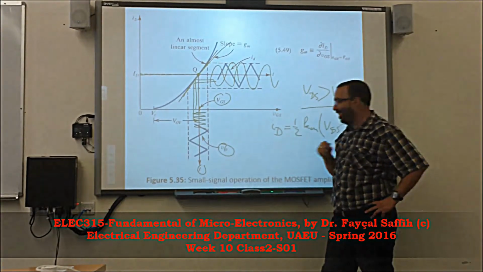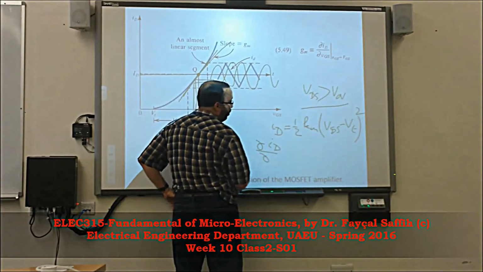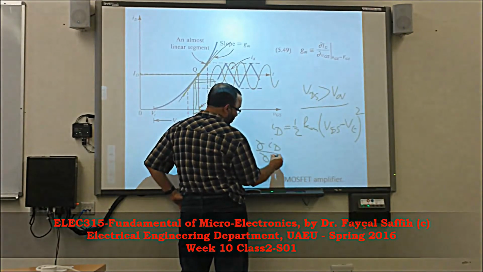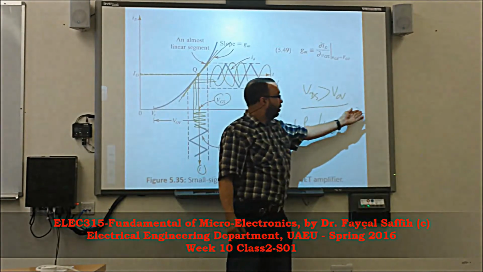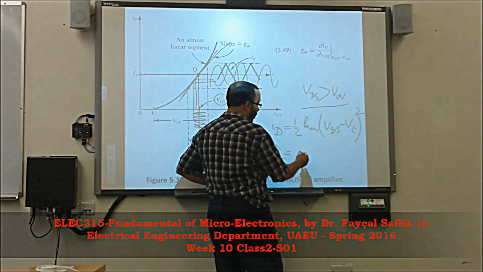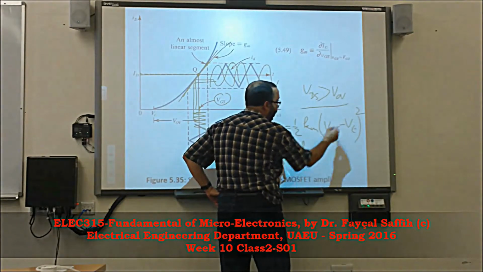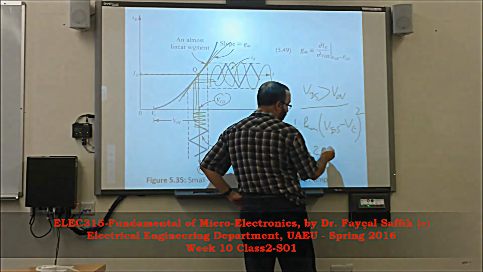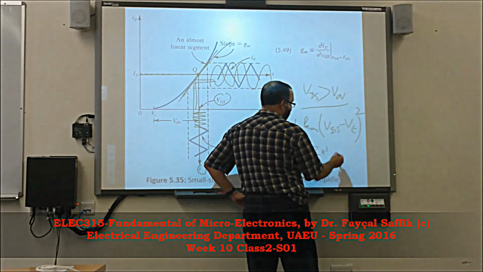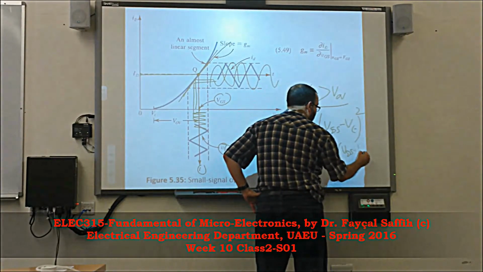Let's do that. Derive ID versus VGS. This is equal to what? The 2 goes down with this, and Kn is constant. So when we derive this, it will become 2. The derivative of VGS inside is 1, and times the power 1, VGS minus VT.